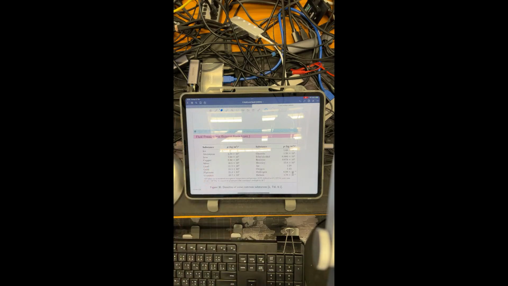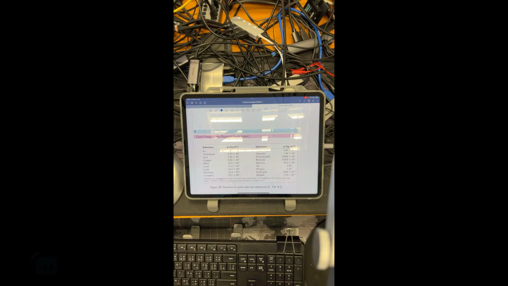Hydrogen. And helium is another kind of gas. Okay, it's an inert gas and it's on the order of 0.18, right? Kilogram per cubic meter.